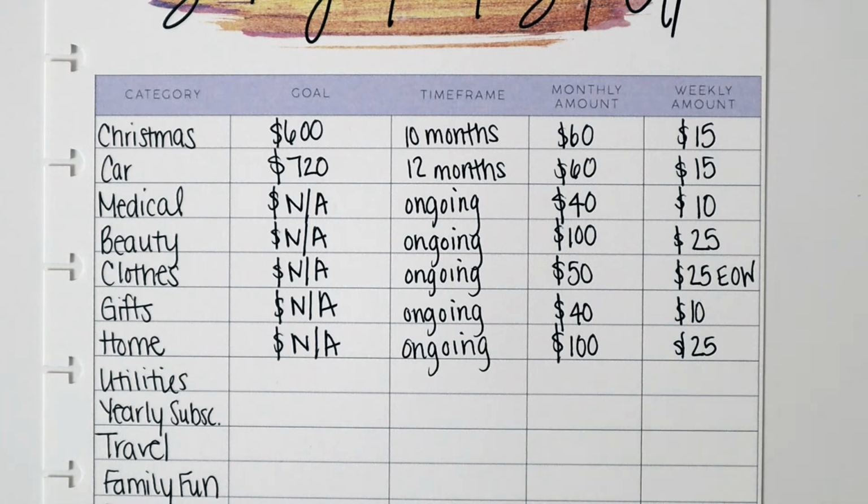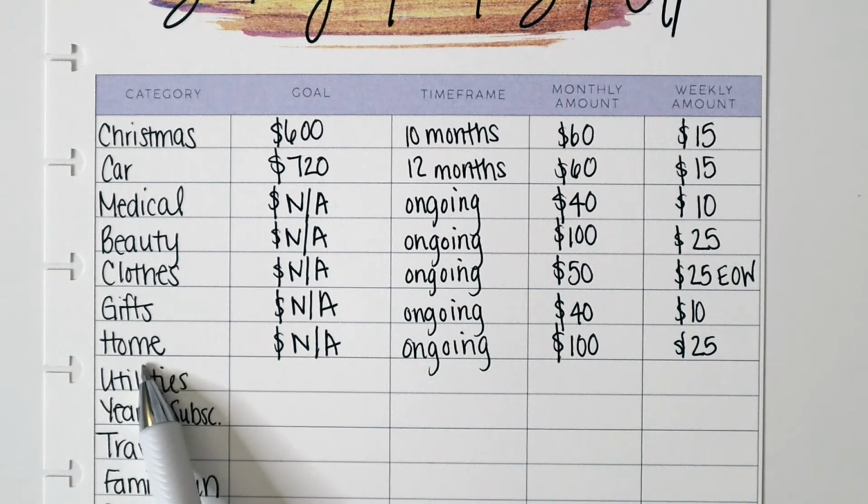To give you an example of why this sinking fund is important and why we need it, last month our plumbing went on one of our toilets and we needed to get a whole new system, which cost us about $400. And thankfully I had the money in an emergency fund, but if I had this home category already set aside, I could have just pulled that money from that area and then have the emergency fund really set for those specific emergencies.